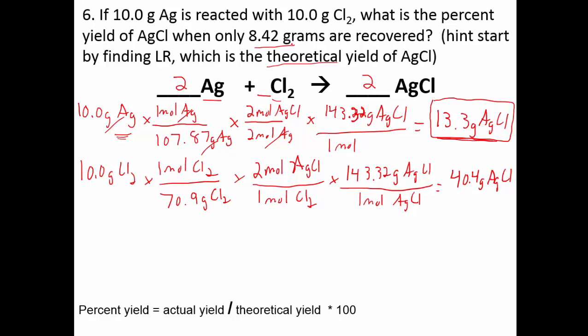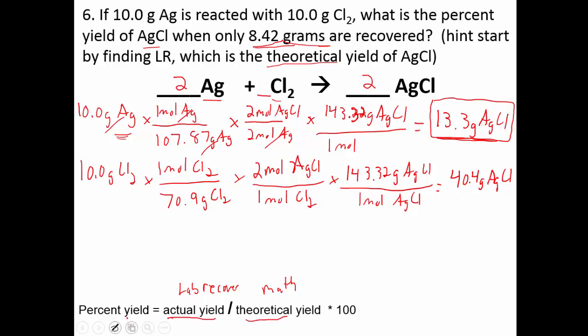Now in the problem, it says that 8.42 grams were actually recovered. So theoretical and actual yield. Actual is what we recover, so that's from the lab recovery. Theoretical is our math portion, so what we should actually get.